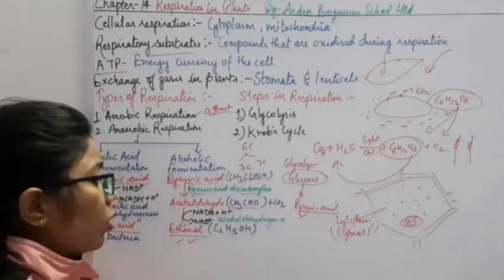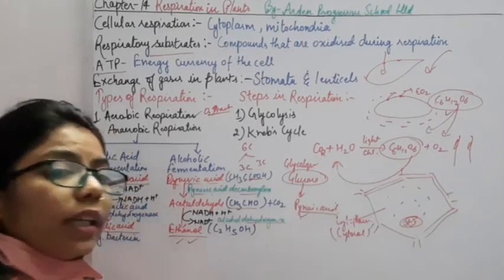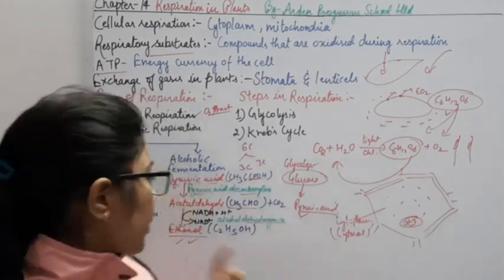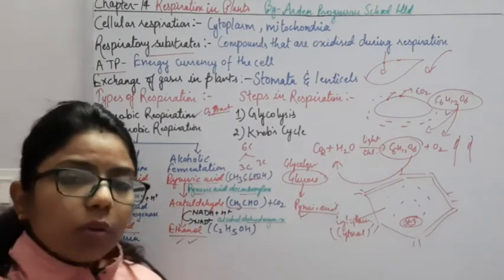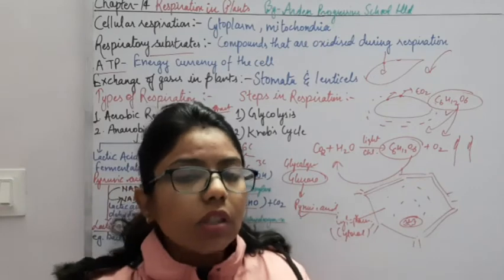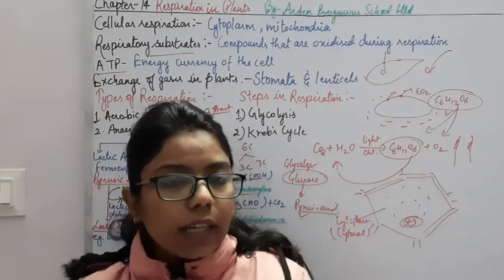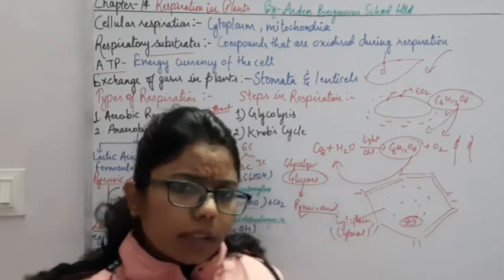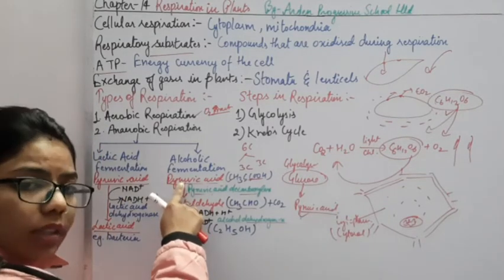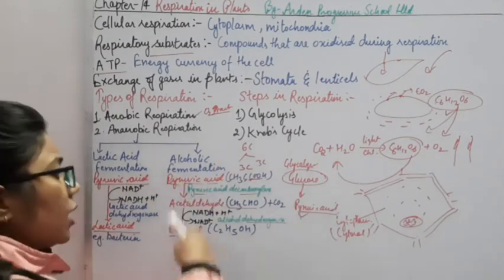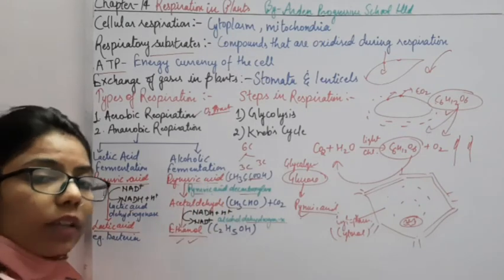For getting ethanol, what is required? There must be a dehydrogenase enzyme which will change the aldehyde into alcohol. Generally we know that during oxidation, alcohol changes into aldehyde and aldehyde changes into acid. So if we go in reverse, acid to aldehyde and aldehyde to alcohol.